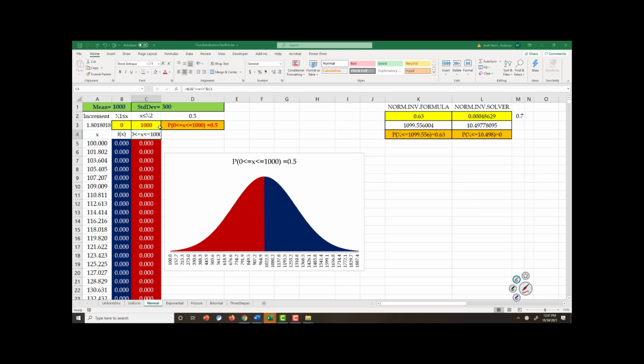Even if we do have more than 1,000, suppose if we do have one standard deviation more than 1,000, still our average sales would be less than the average demand, because the actual demand can go high and low.